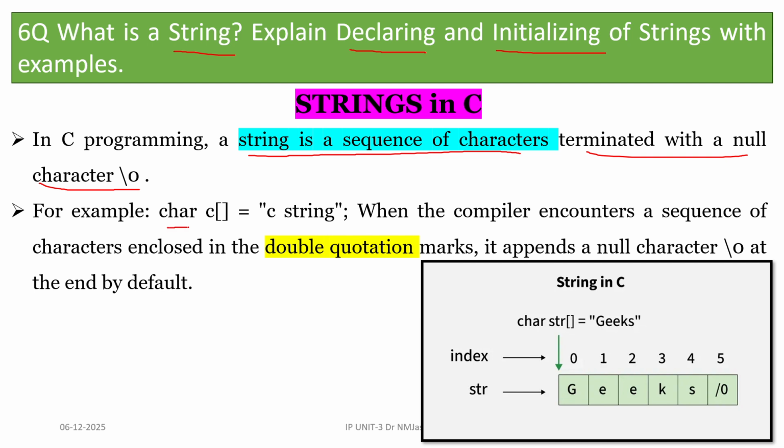If you take an example, the data type is char, and here is the string name and here is the string size. We simply use the string in double quotes. When the compiler encounters a sequence of characters enclosed in double quotation marks, it appends a null character, that is \0, at the end by default.